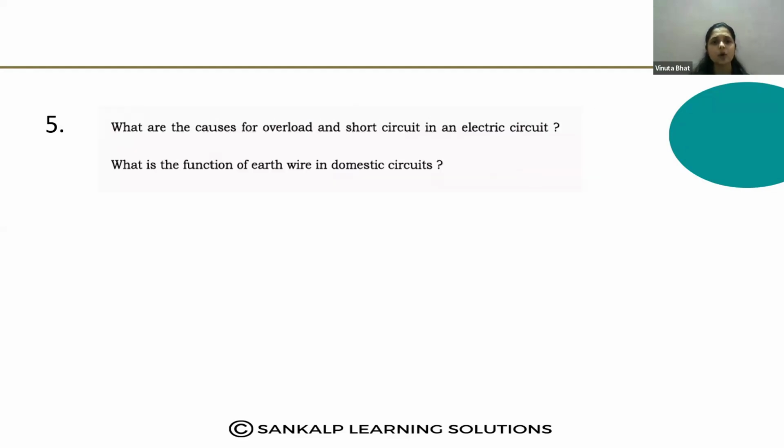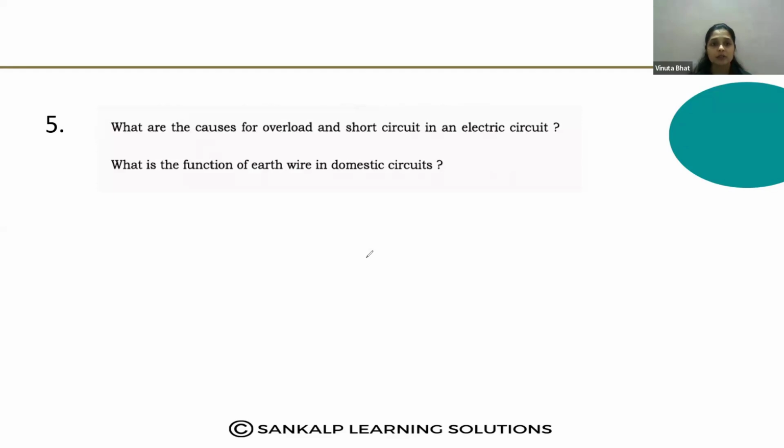Next question. What are the causes for overload and short circuit in the electric circuit? What is the function of the earth wire in domestic circuits? So here, when too many appliances are connected to a single socket, there is a chance of overload. There are many reasons for overload.